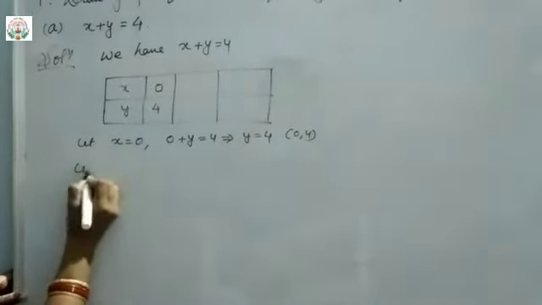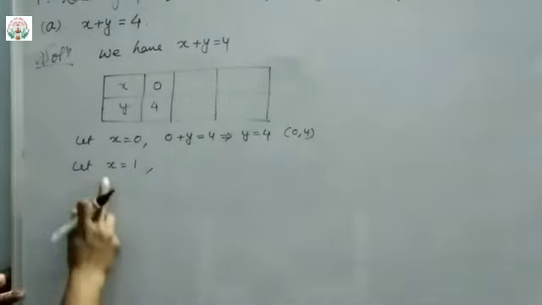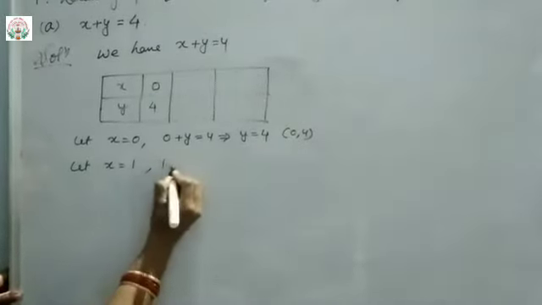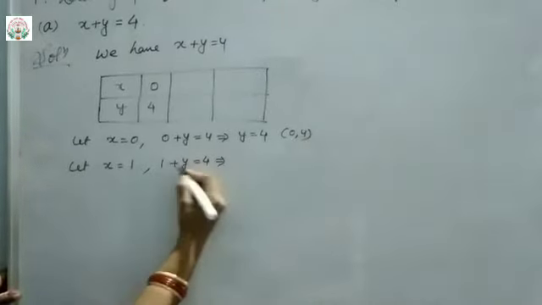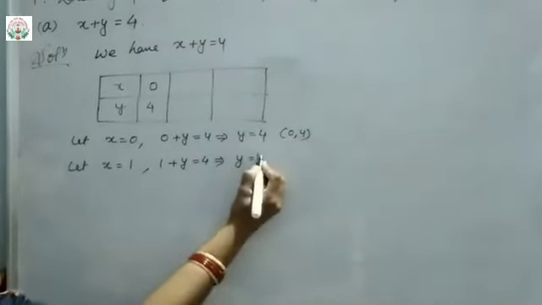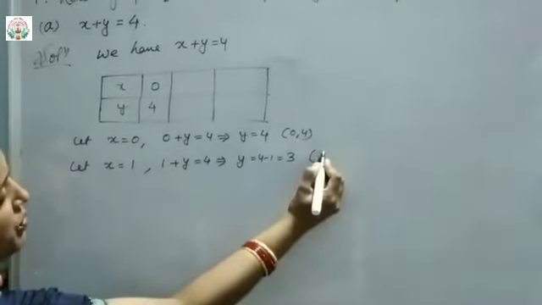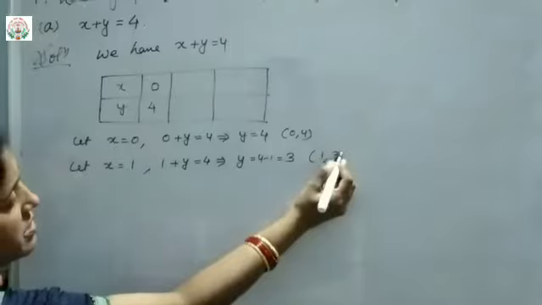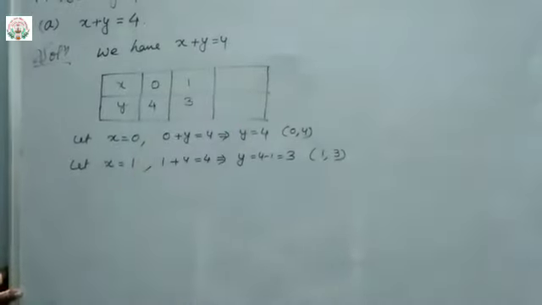Then next I can take let x equals 1. Suppose I am taking x is 1, what will be my y value? 1 plus y equals 4. Then transposing, what I'll get? 4 minus 1, which equals 3. So my next value will be x is 1, y is 3. So here I can write x is 1 and y value is 3.